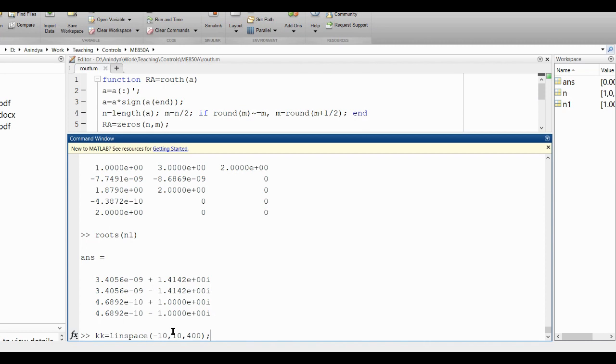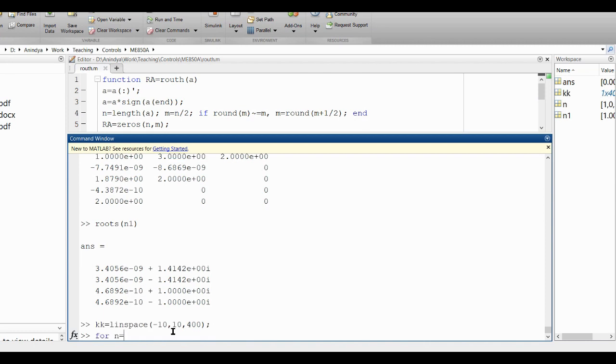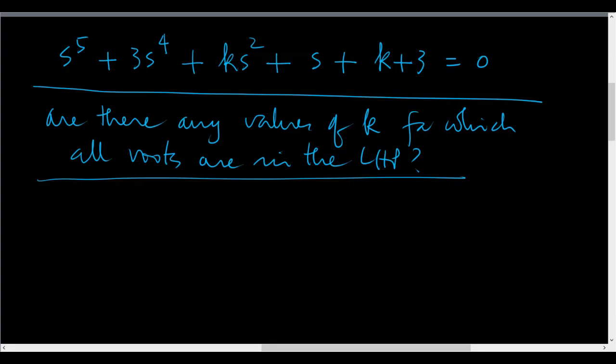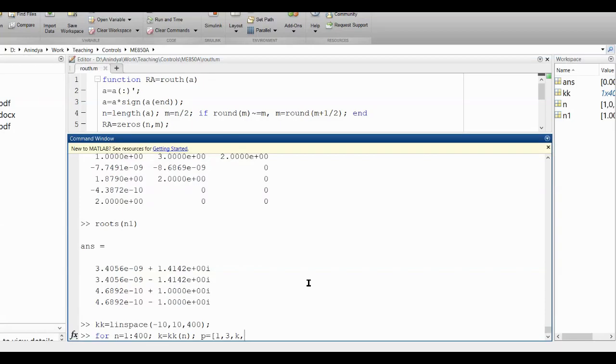Then for n equals 1 to 400, k equals kk(n), p equals 1, 3, k, 0, 1, k plus 3, c equals max real roots of p, store this in c of n, end.